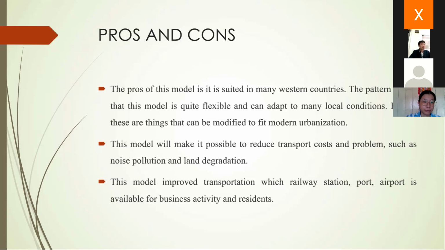This model makes it possible to reduce transport costs and problems such as noise pollution and land degradation. This model improves transportation, with railway stations and airports available for business activity and residents.